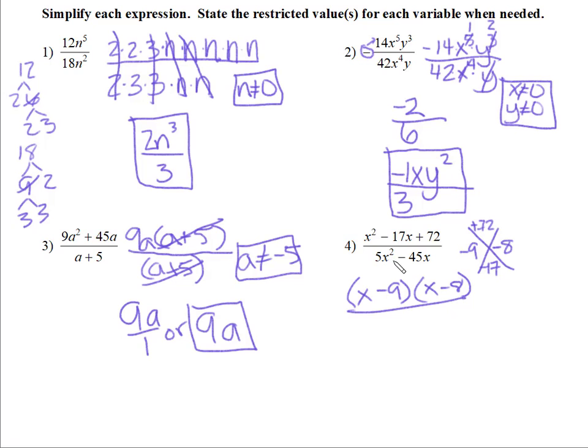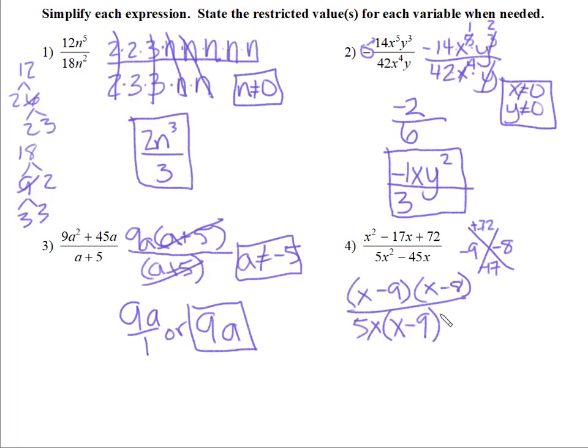In the bottom, we have a common factor. 5 divides both of them nicely, and they each have an x. So we're going to take out a 5 and an x. 5x squared divided by 5x gives me x. The 5's cancel to 1, and we cancel 1x out. Negative 45x divided by 5x. Well, negative 45 divided by 5 is negative 9, and the x divided by x cancel.